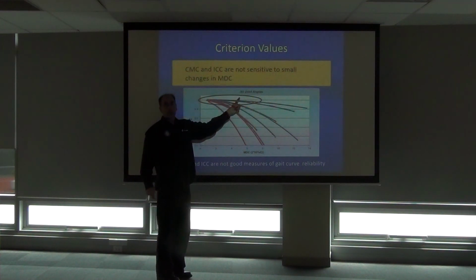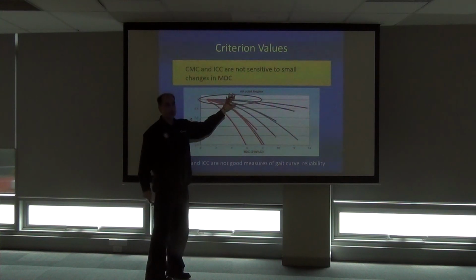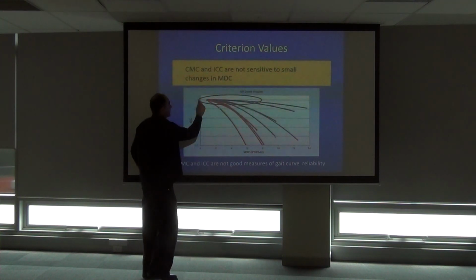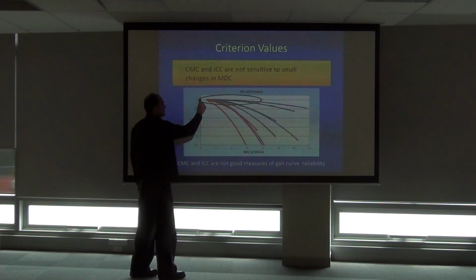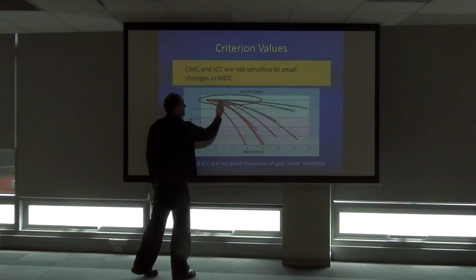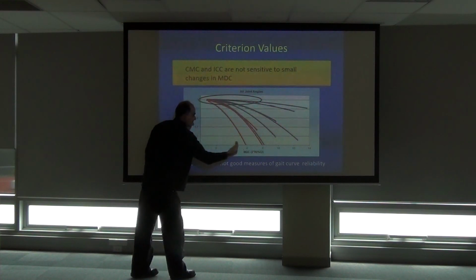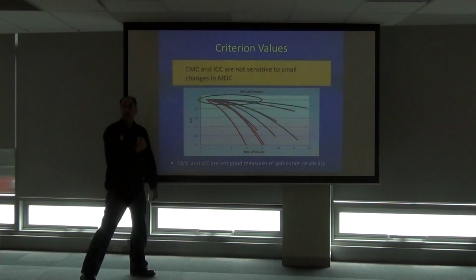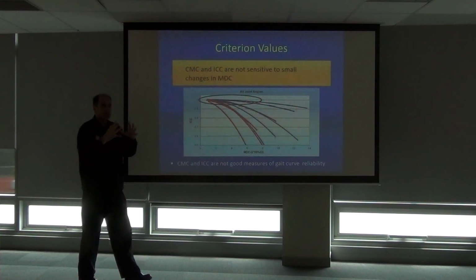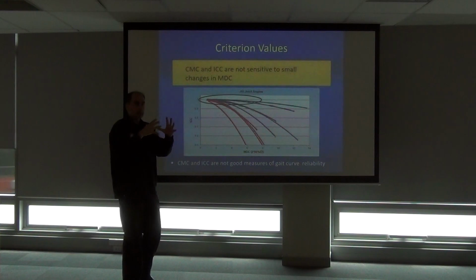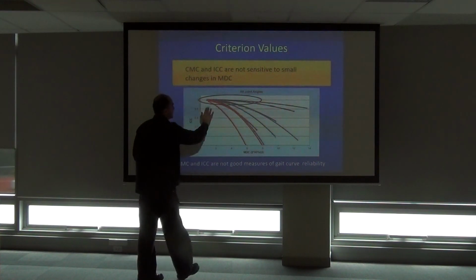These curves are getting very horizontal here. That means very insensitive. If you add error into your estimate, you become very insensitive to changes that we're looking at, the changes in similarity or differences in gait curves. So they're very insensitive.